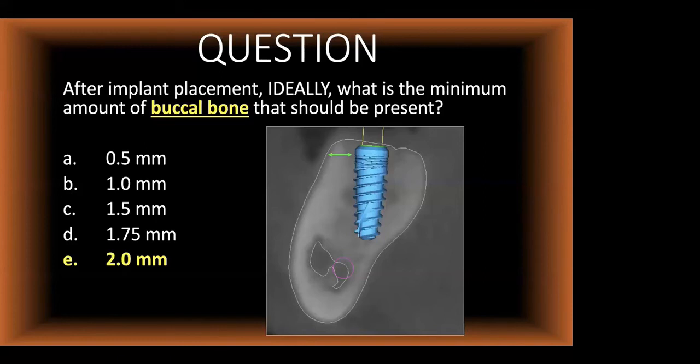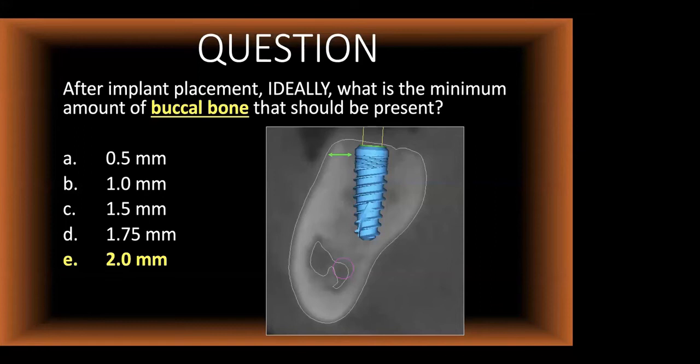So if you have to decrease or change the positioning, you can always take it from the lingual. The lingual only needs 1 millimeter because usually it's a stronger cortical plate. Buccal bone is always thinner than the lingual cortical plate.